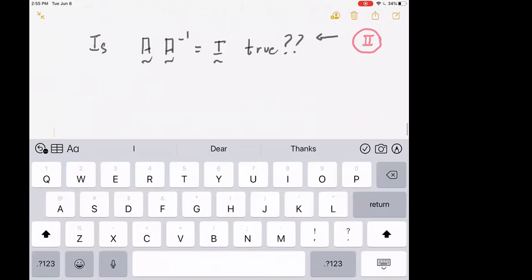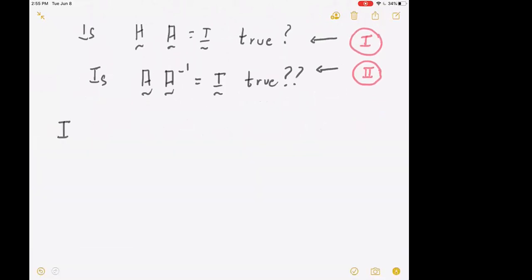So we want to ask the question, if I take the inverse of A and left multiply A by it, again, I always have to use this distinction between left multiplying and right multiplying as far as matrices is concerned, because matrix multiplication is not commutative. A times B, if they're matrices, does not necessarily equal B times A. For numbers, that's true, but not for matrices. So is this true?